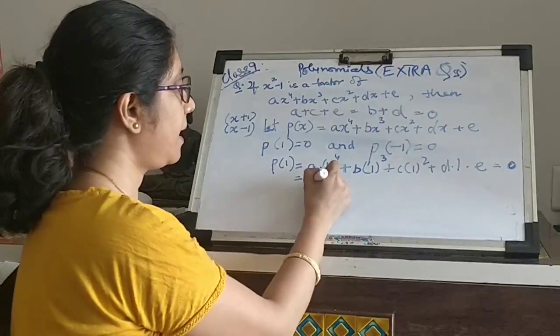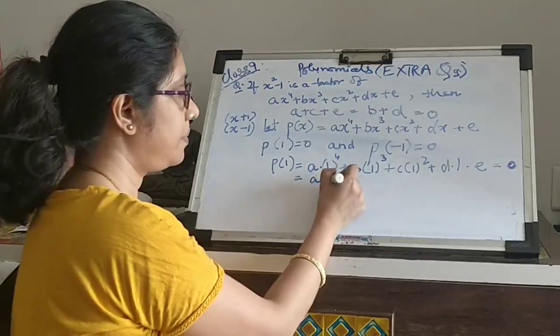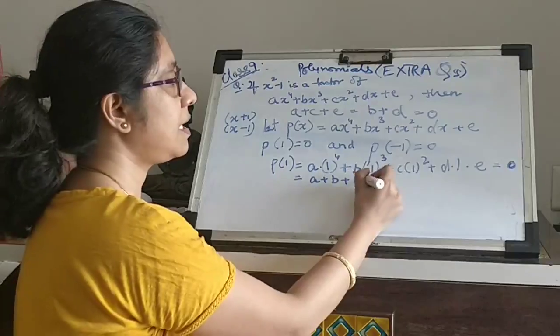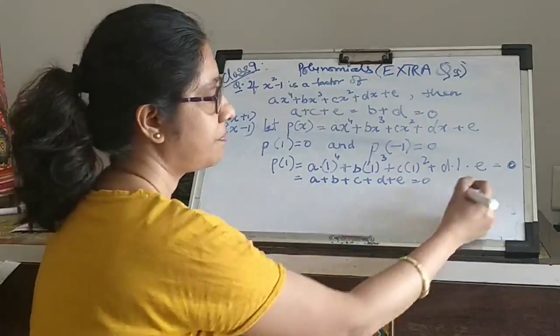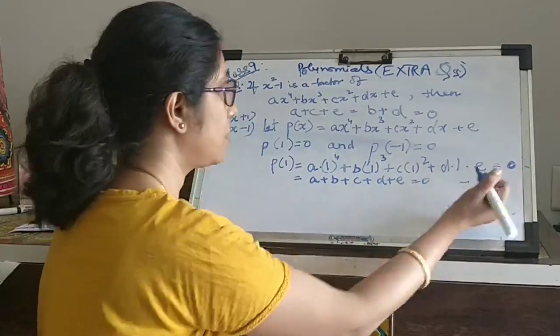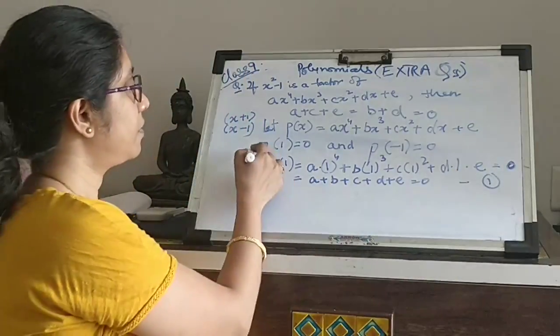So this is a plus b plus c plus d plus e is equal to 0. This is one equation which I get from here.